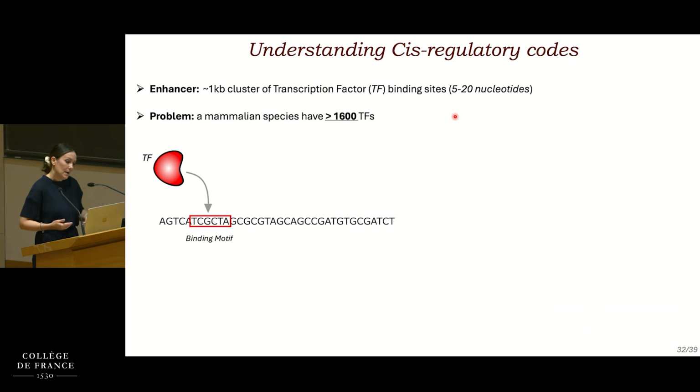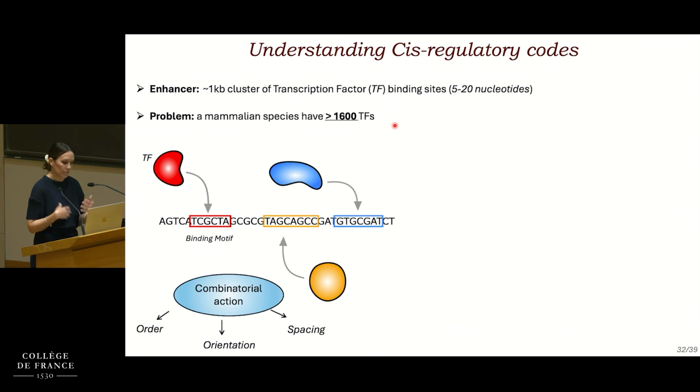And the problem is that the mammalian genome encodes more than 1,600 transcription factors. So in order to have a cell type with a given epigenetic landscape, what we are facing here is a combinatorial problem. It's the order, the orientation, and the spacing of these binding motifs which matter and define this regulatory landscape.